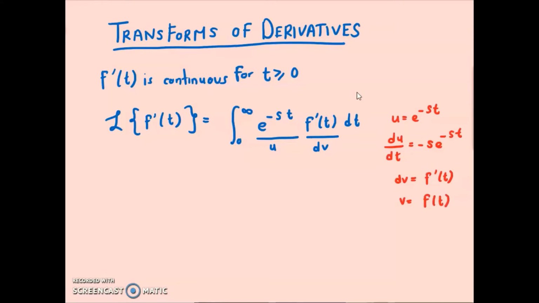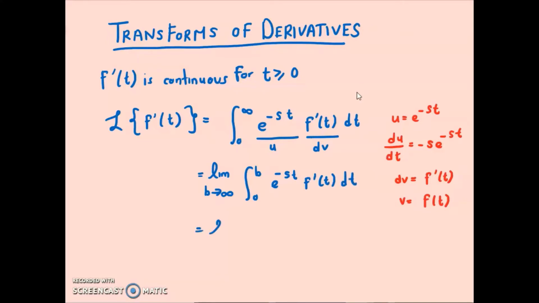Now you can apply the uv integration by parts formula. Let's change the limit 0 to infinity to the limit as b approaches infinity, from 0 to b of e to the negative st f prime of t dt.